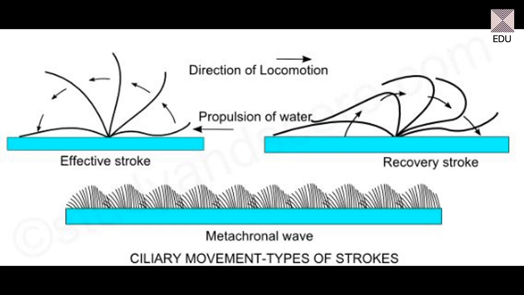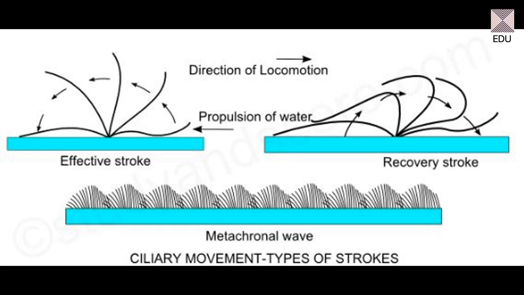As it is flexible, there will be no change in the water position. It has been written propulsion of water. Propulsion is on the left side, and on the top it is written direction of locomotion of paramecium. The direction of locomotion will be the right side. As the water is going to the left, the paramecium is going to the right.